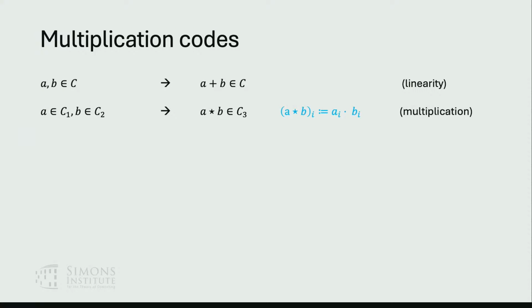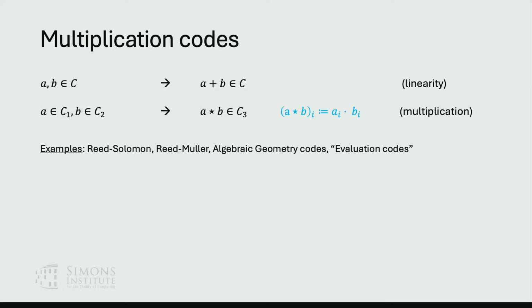By the way, we saw this in yesterday's afternoon talk and in various other talks throughout the week. We already encountered this multiplication property; it appears here and there, and it's interesting. What does this really mean? It means that these codewords allow you to do some kind of operation under the hood, under the encoding. You don't need to decode to do this. What are examples of codes that have this property?